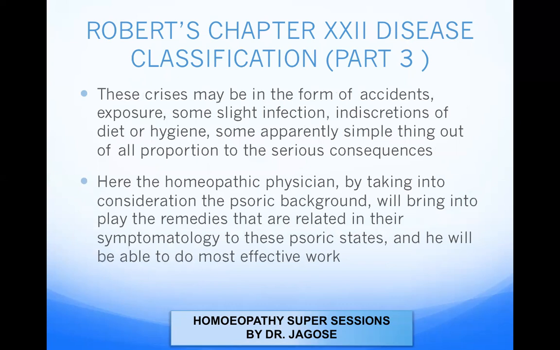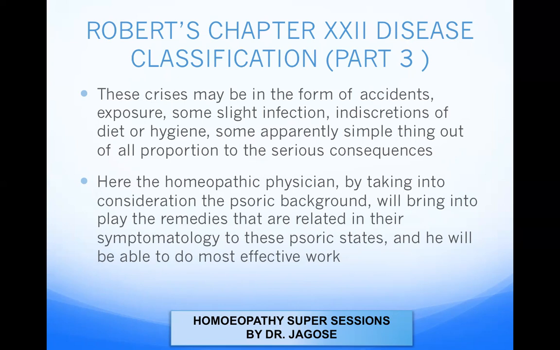These crises may be in the form of accidents, exposure, some slight infection, indiscretions of diet or hygiene, some apparently simple thing out of all proportion to the serious consequences. So what are these crises?